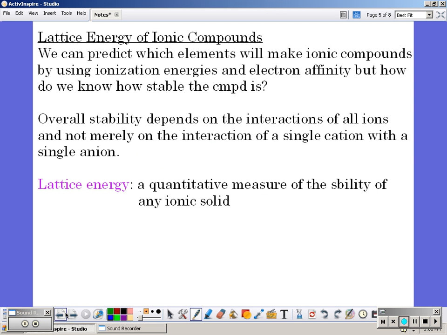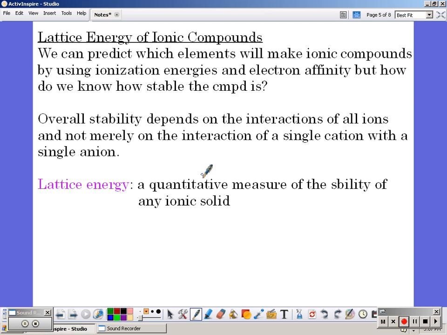Lattice energy of ionic compounds. We can predict which elements will make ionic compounds by using ionization and electron affinity values. But how do we know if the compound formed is stable? We use the lattice energy. The overall stability depends on the interactions of all the ions, not just one cation and one anion, because they form these complex lattices.